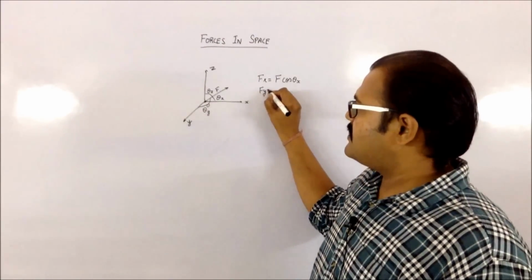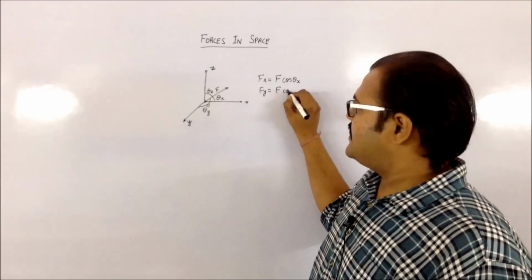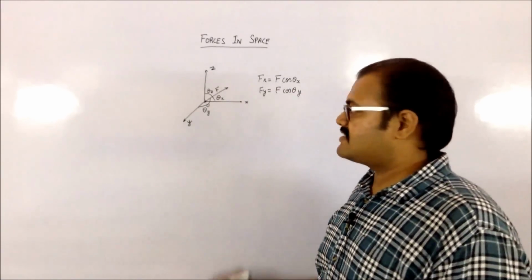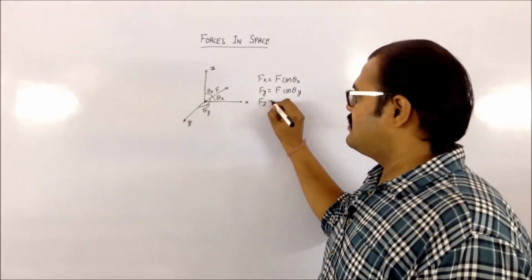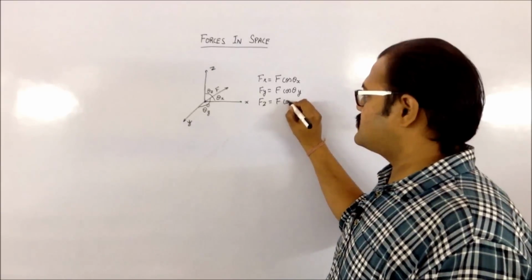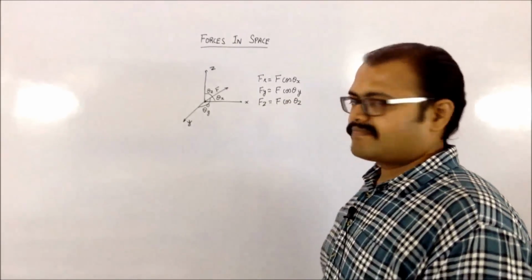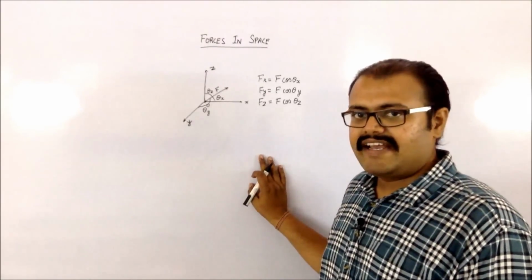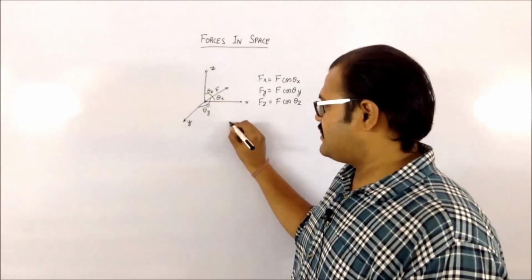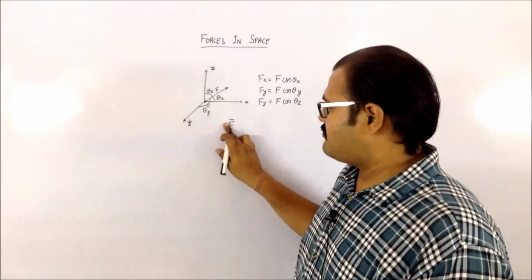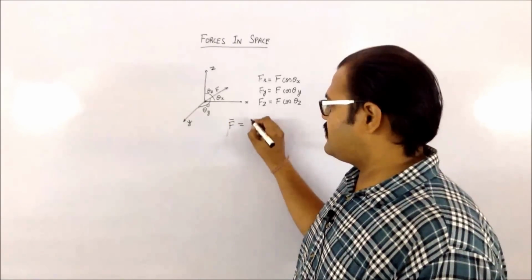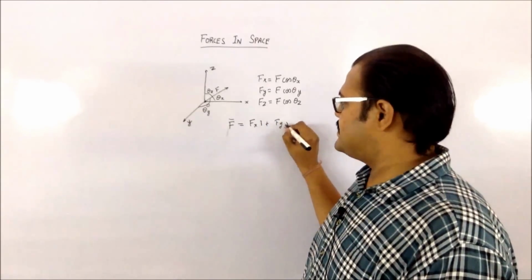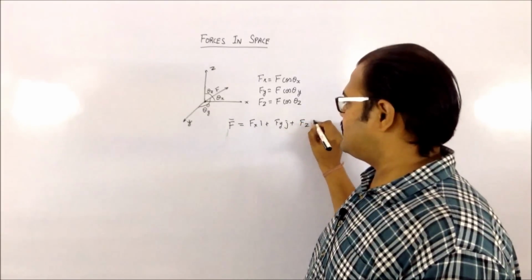Similarly, my Fy will be the magnitude of the force into cos of theta y, the angle with the y axis, and my Fz will be the magnitude of force into cos of theta z. So if I want to represent this force in i, j, k terms, force F bar will be equal to Fx i cap plus Fy j cap plus Fz k cap.